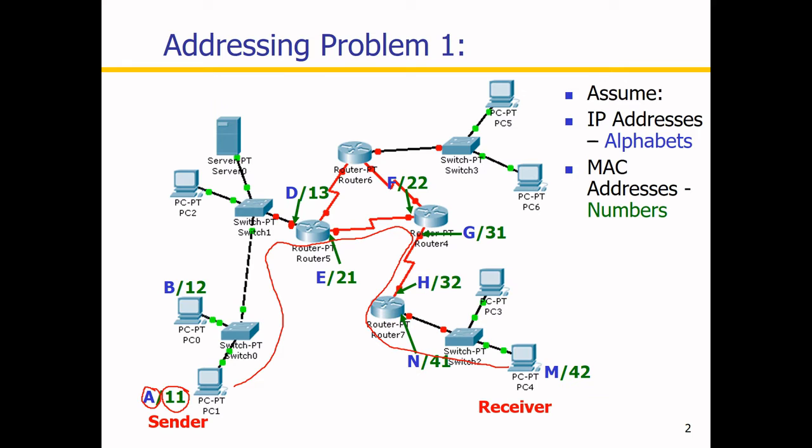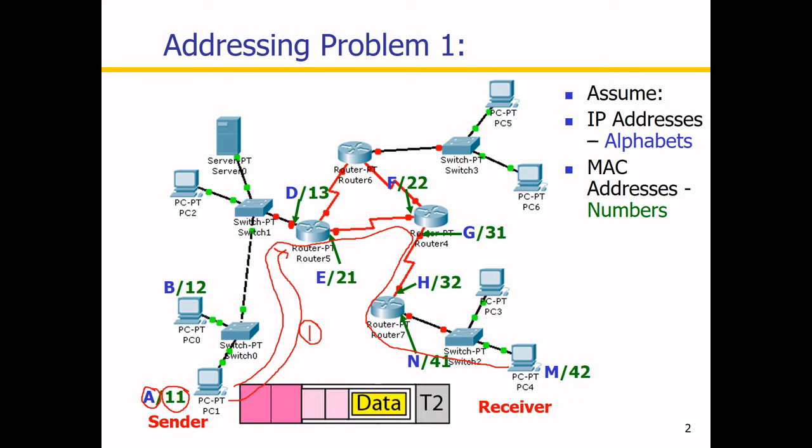At first, PC1 is going to send some data to this D interface of router 5. So the first hop is going to be this, and I'm just going to write 1. For the first hop, we have to draw the frame.